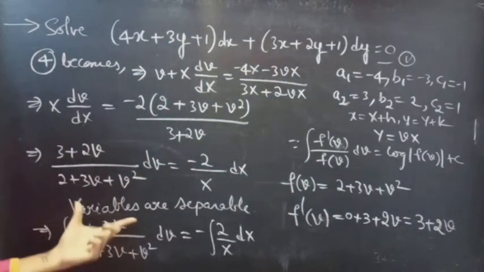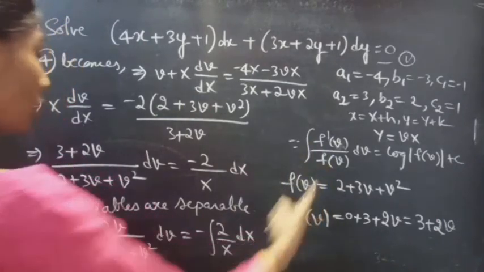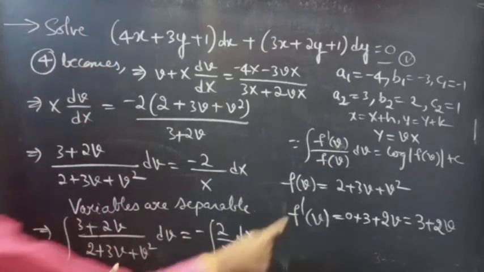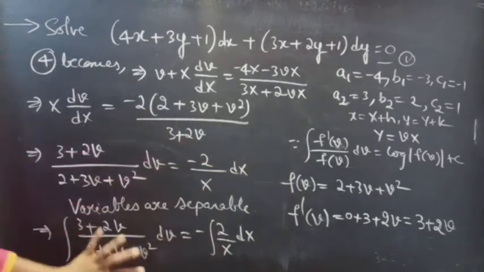So the integrand is of f dash of v by f of v form. Now we can apply this formula to the LHS integral.